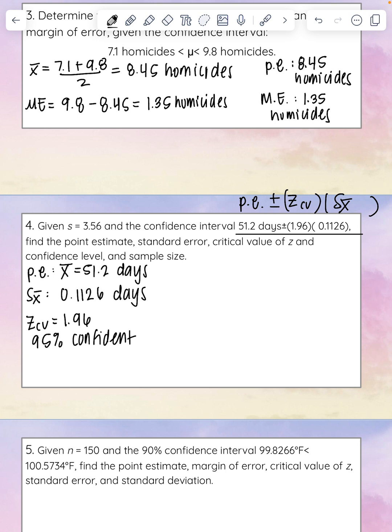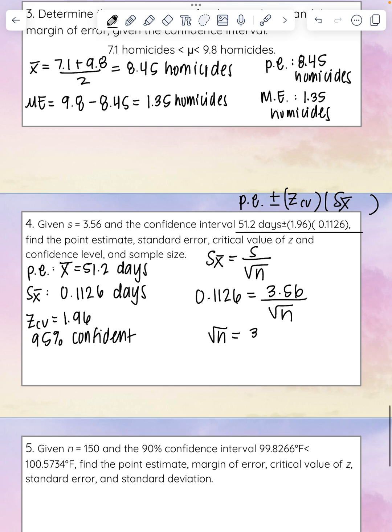Okay, last is the sample size. The only formula we have for sample size is right here. So I'm going to plug in 0.1126, 3.56 over square root n. If I rearrange this formula, square root n equals 3.56 divided by 0.1126.